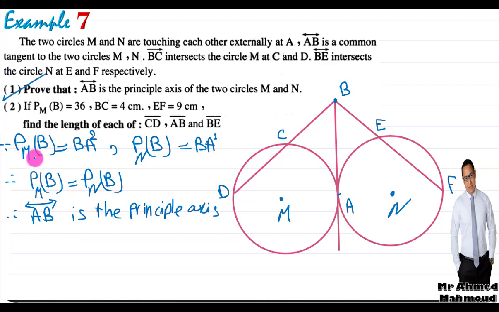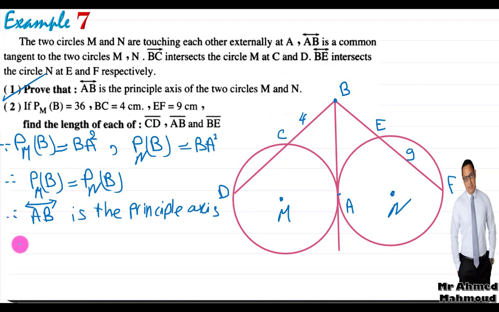The second part: the power of the point B equals 36, BC equals 4, and EF equals 9, so evaluate CD, AB and BE.